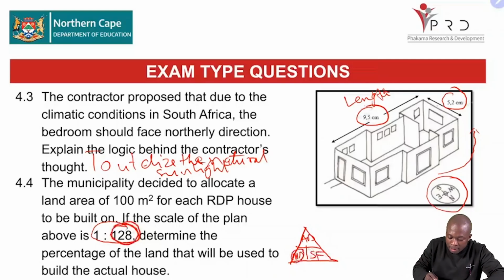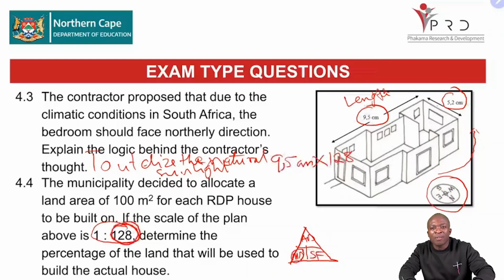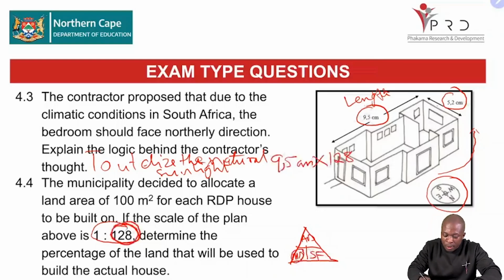You take the first one, which is 9.5 centimeters. You multiply by 128. And then somebody will be asking, why are we multiplying? Remember, we have been given MD. MD is your 9.5 and your SF.